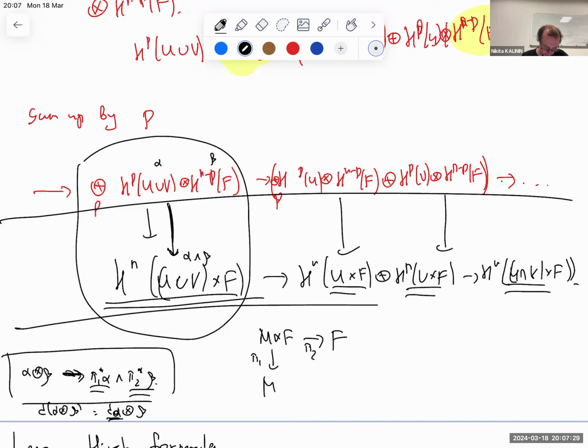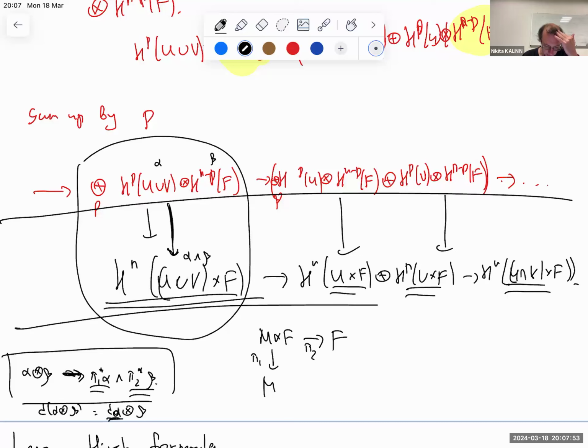And I think also it's kind of clear, because how should you think about that? This Künneth formula means the following. Usually you consider forms with coefficients which are functions, and it's all linear over reals, right? So you just multiply by constants, it's just the same.